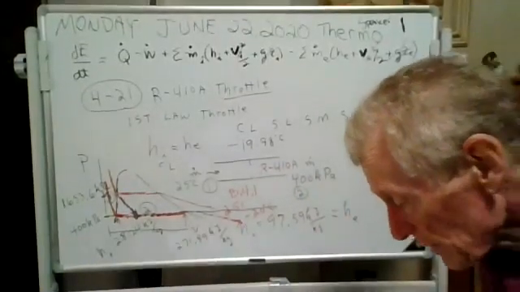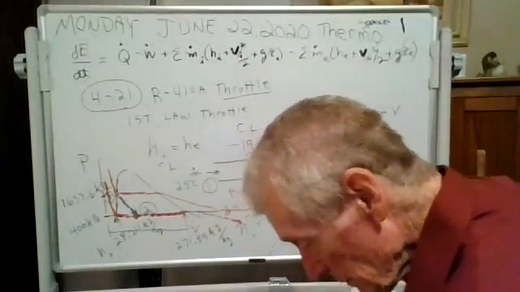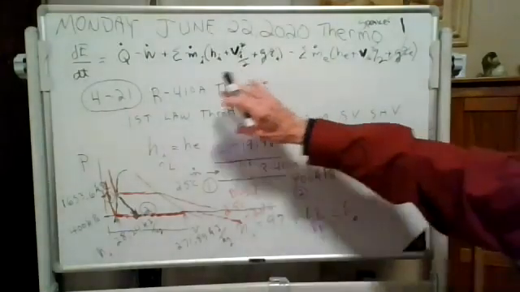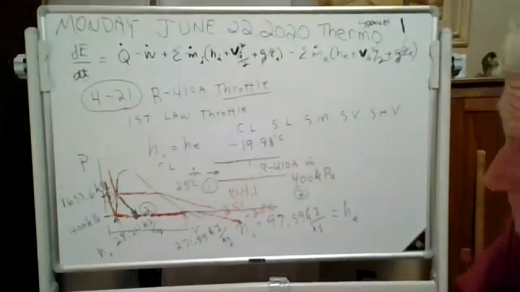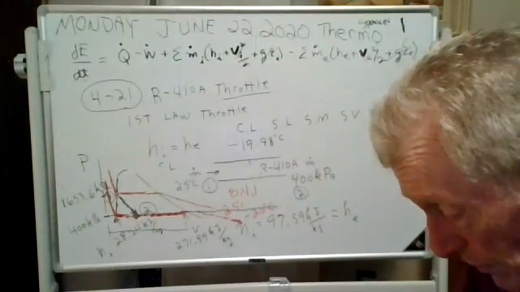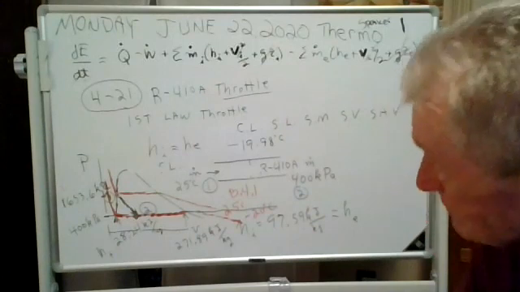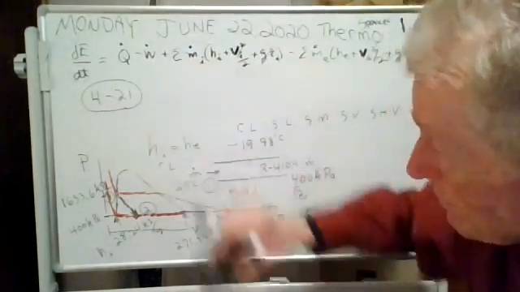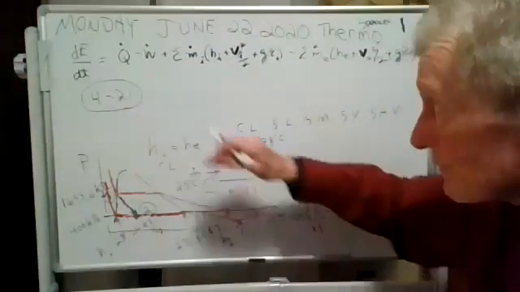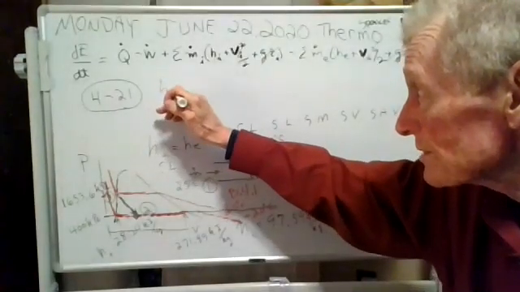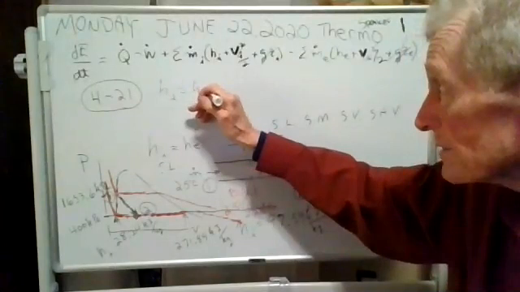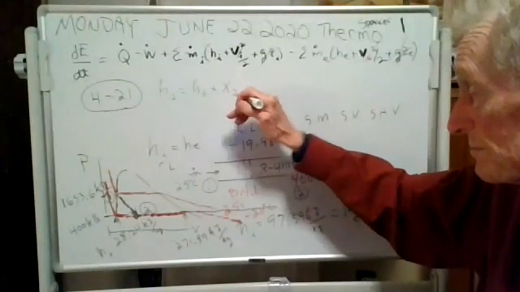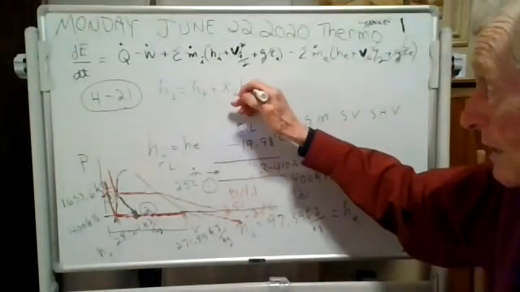I'll put this down. We can check our answer on that in a minute. Where are we going to do it? Well, there's lots of room up here. Now, to do this other part on this problem, I'm going to need the quality. You guys know that the enthalpy at state 2 is equal to HF plus the quality at state 2 times HFG.